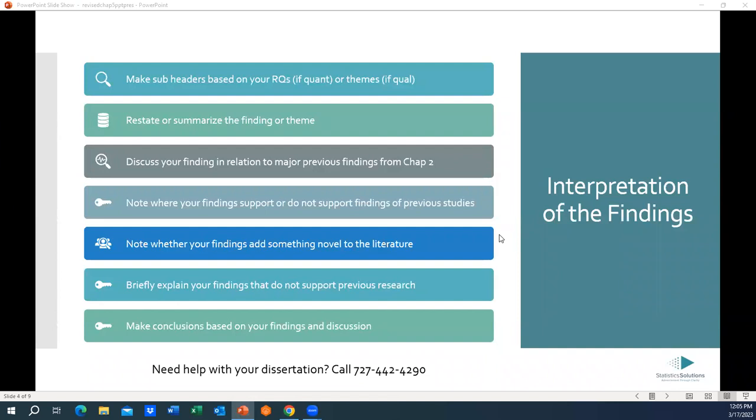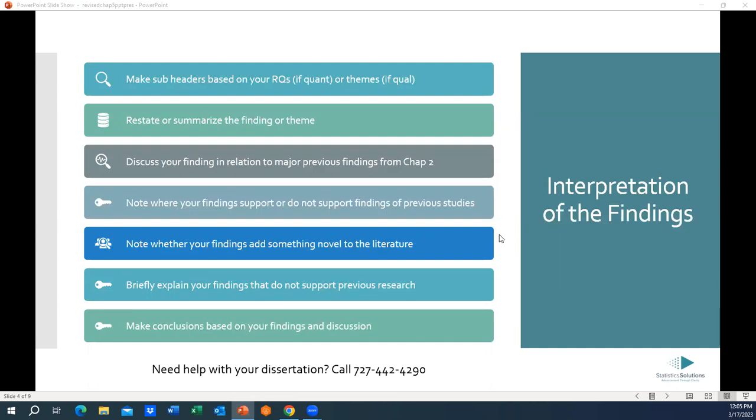The next section is really the heart of the discussion chapter. This is interpretation of the findings. Sometimes it's called discussion, even though the chapter is called discussion. Sometimes this section is called discussion of the findings, or interpretation of the findings. This is where people sometimes get tripped up.